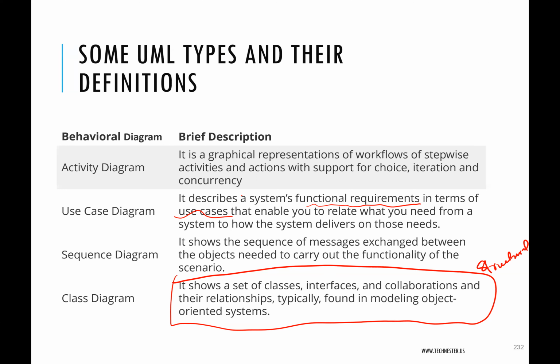So it represents functionality of systems or functional requirements in terms of the ways a user would use the system or what a user would use the system for. Then I'll skip sequence diagram since we will not be doing that.